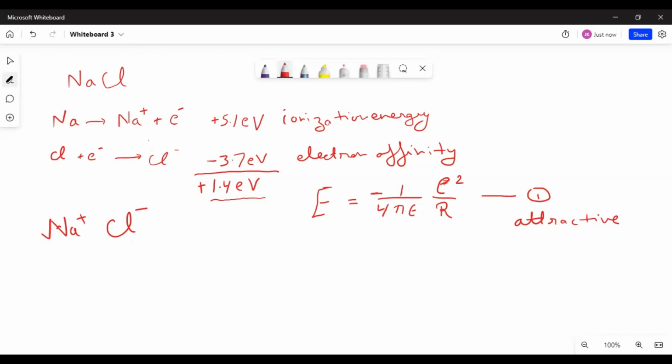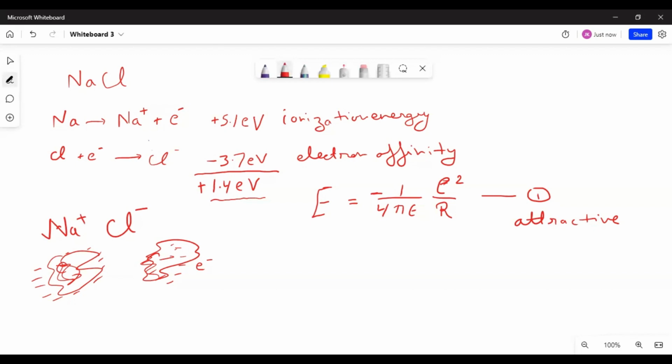So this is attractive. Now this sodium ion also has inner shell electrons, and these are negatively charged. The chlorine also has inner shell electrons, which are also negatively charged. Since they are coming closer and closer, the negative charge of the inner shell of the sodium and that of the chlorine will start to repel each other.